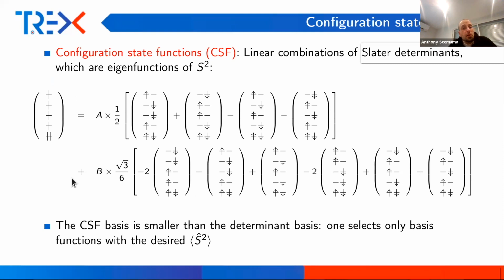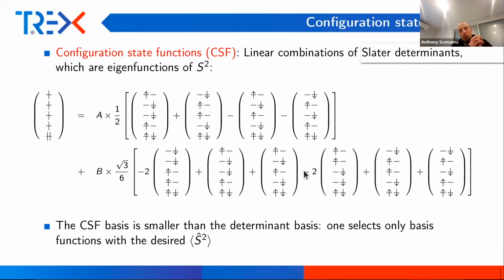So here, I took in this example the two eigenvectors of S squared that correspond to S squared equals 0, which is a singlet. So now, instead of working with 6 basis functions, you can work only with 2, with this one and this one.